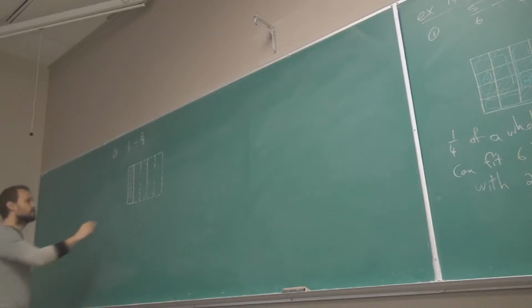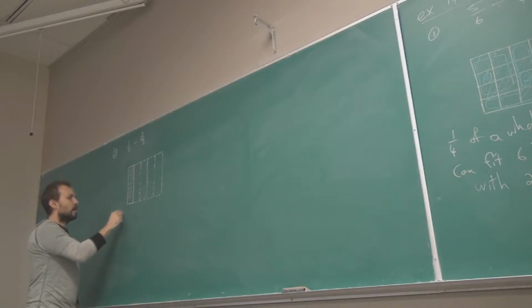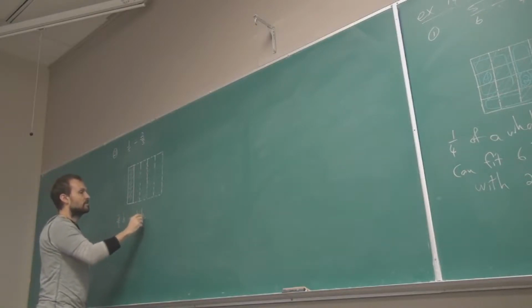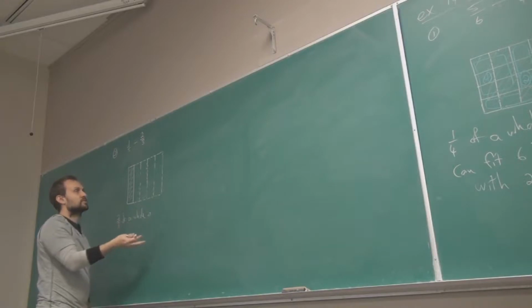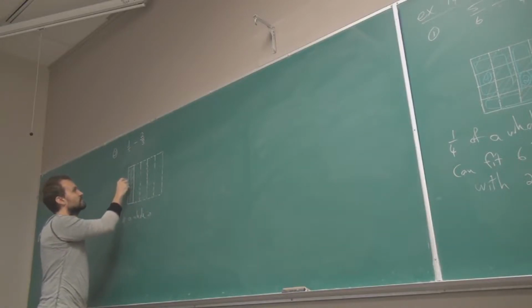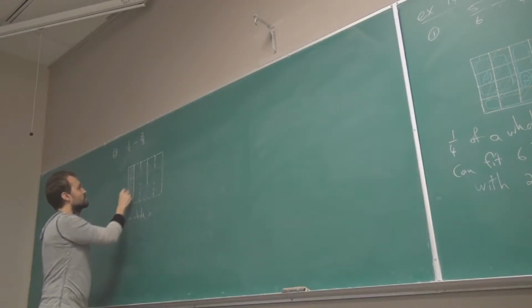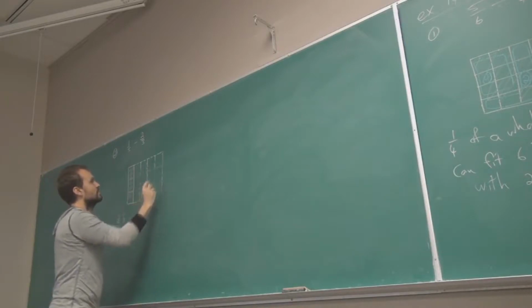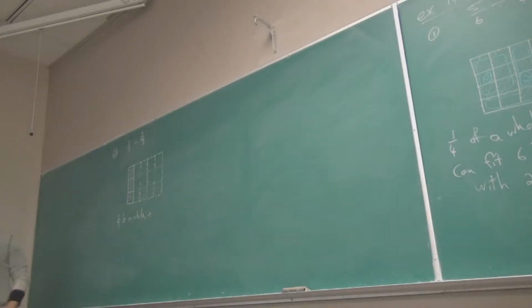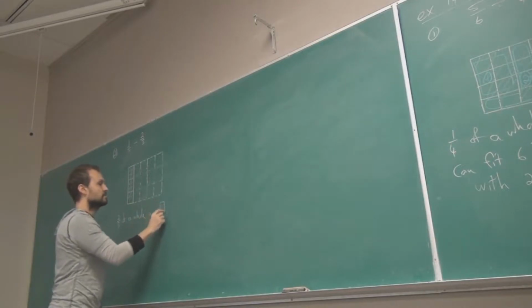Now I want to see how much 2/3 of a whole is. I can't see thirds, so I'm going to have to go thirds here. 2/3 of a whole is how many of these little squares?